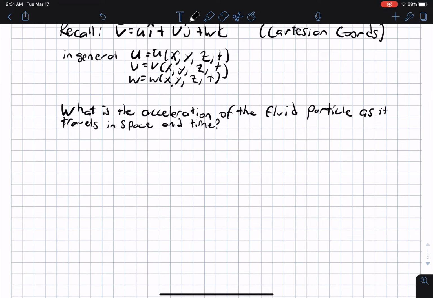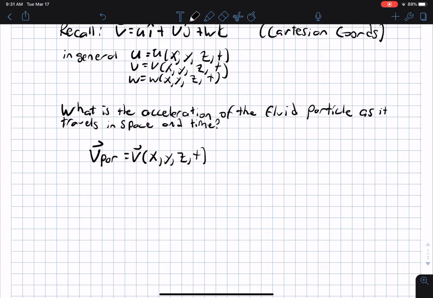And so here we have the velocity of a fluid particle is equal to the velocity vector at x, y, z, and t.